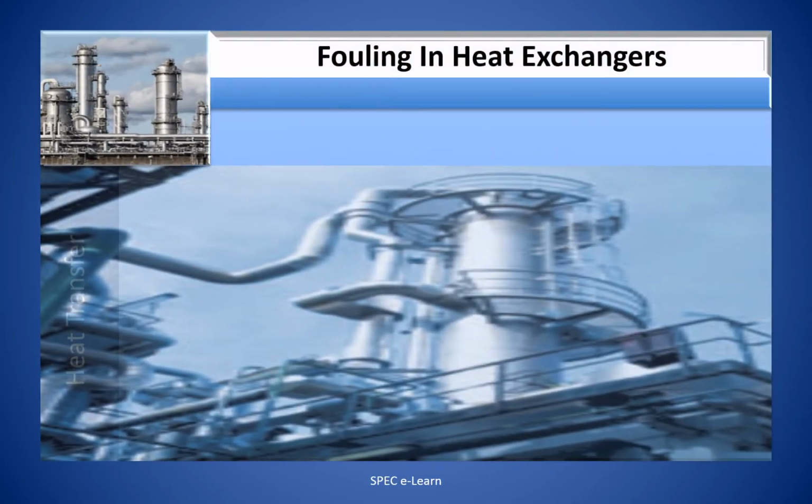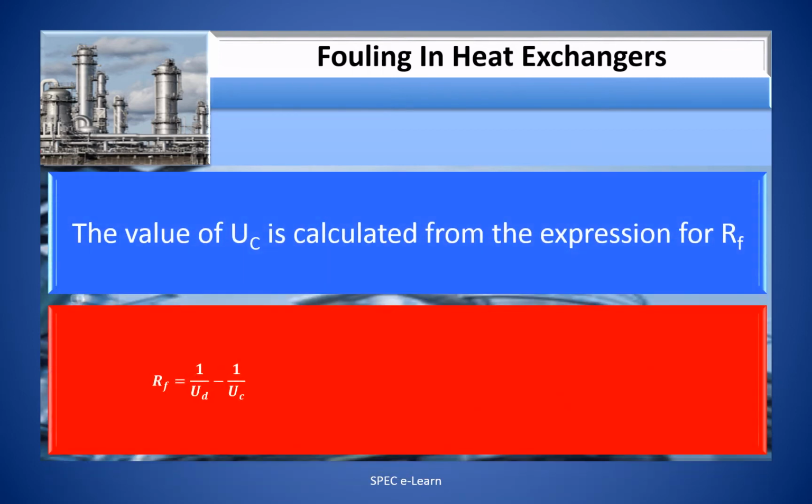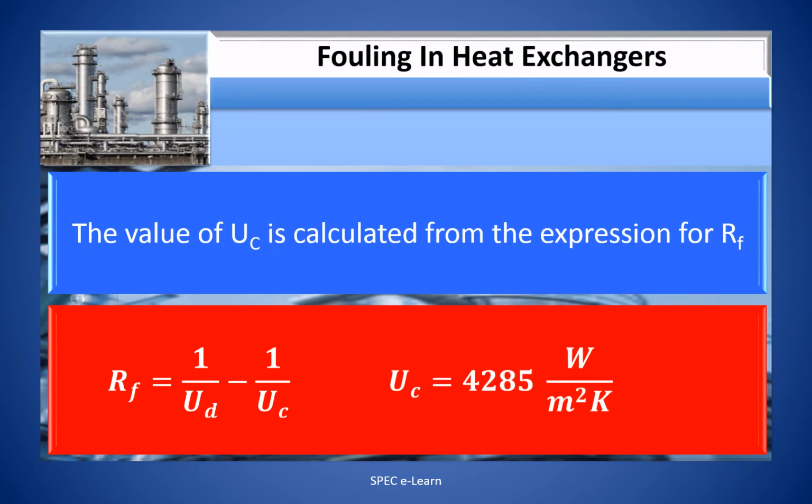The value of UC is calculated from the expression RF = 1/UD - 1/UC. So UC works out to 4285 watt per meter squared Kelvin.